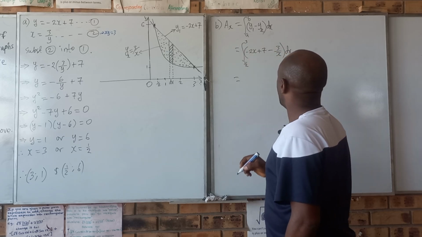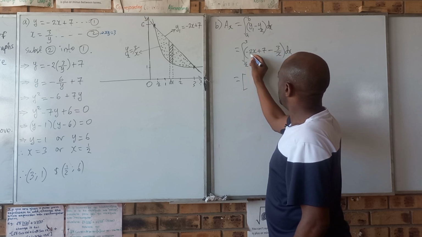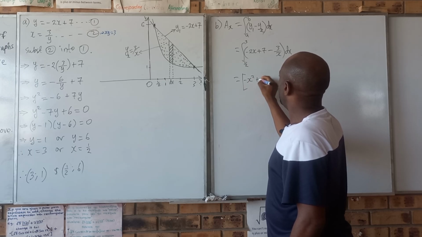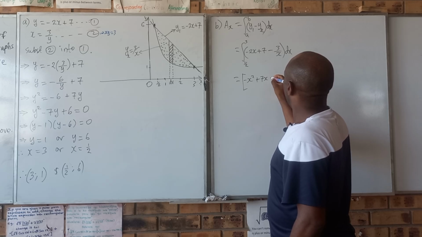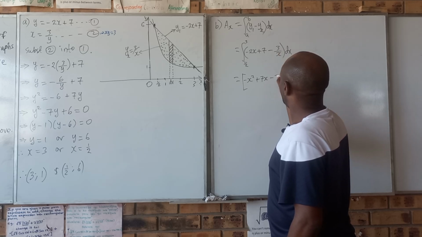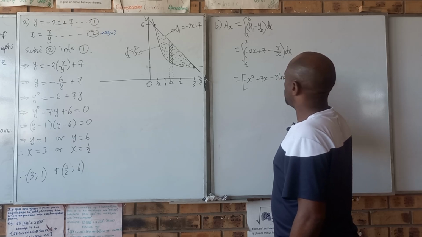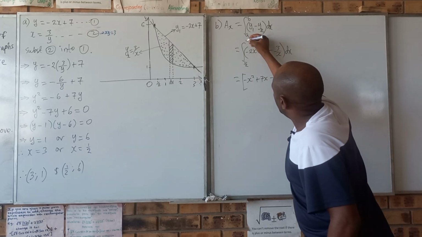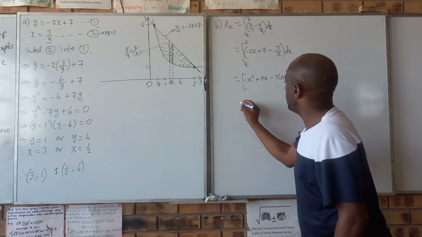So we can now integrate. If we integrate x, it gives us x squared over 2. That 2 will take care of that, so we'll be left with negative x squared. We integrate that, we get 7x. Then minus, we integrate 3 over x, it gives you 3 ln x, from a half to 3. So that is our integration. Then what's next?